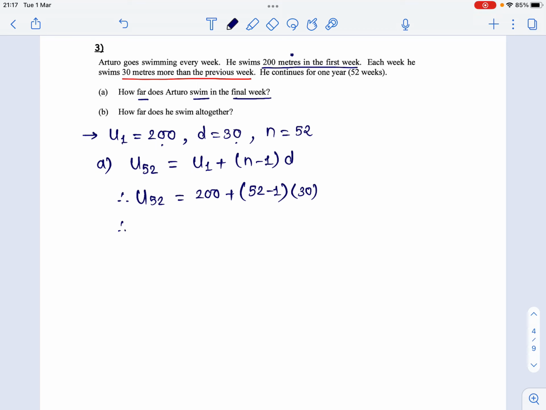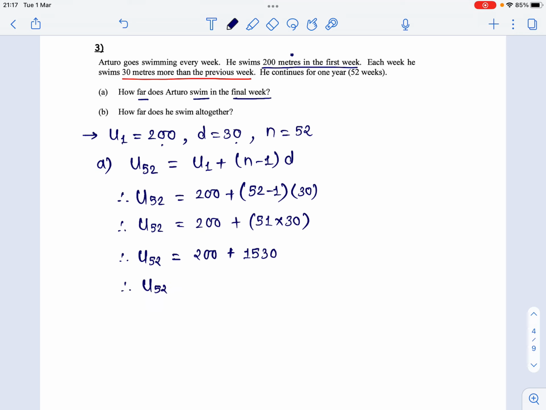So first you calculate 52 minus 1 is 51 times 30, which is 1530. So 200 plus 1530.